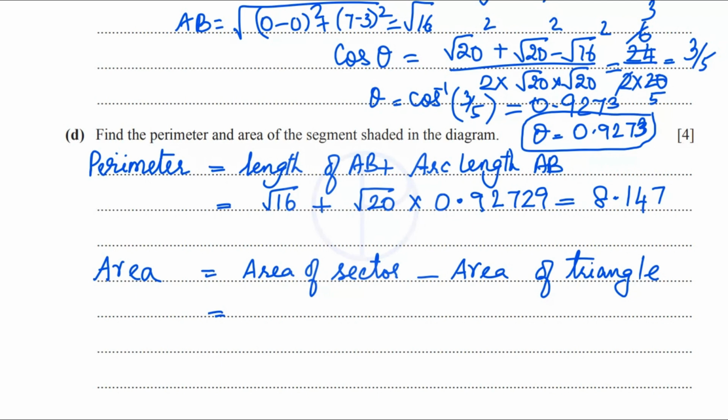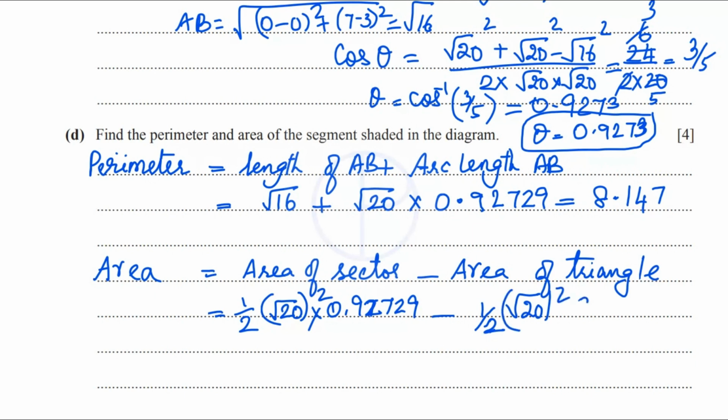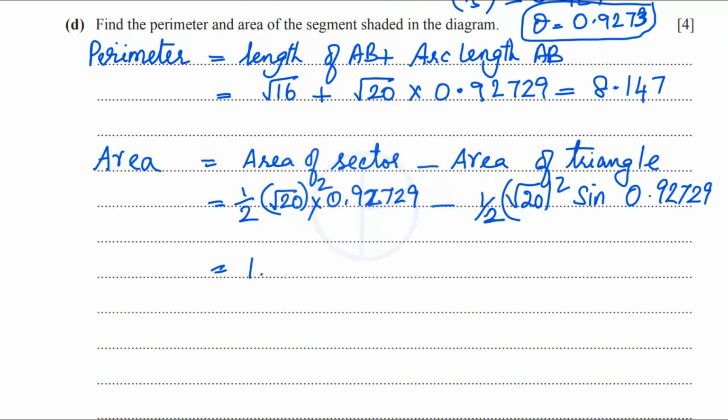Half of r square theta, r is square root of 20 the whole square, theta is 0.92729, minus half of r square, square root of 20 square, then sine theta, sine of 0.92729, which is equal to 1.27.